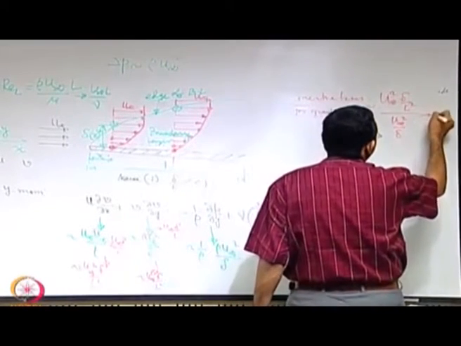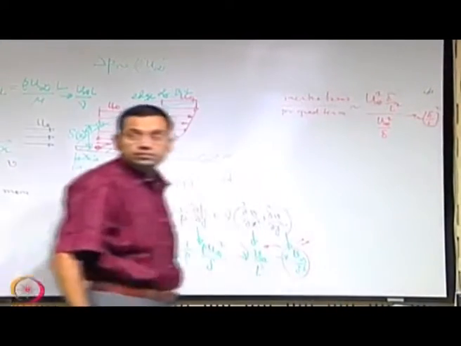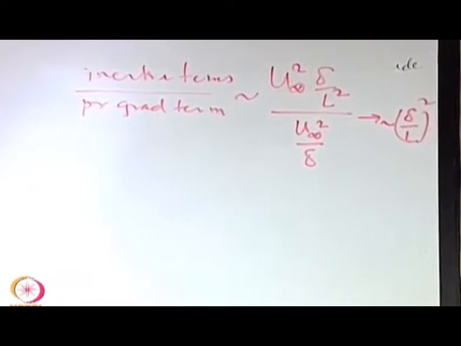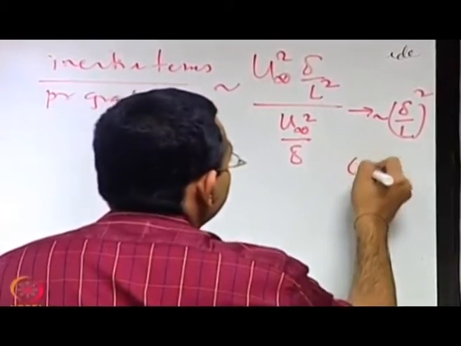So this becomes of the order of delta by L whole square. Therefore, if delta by L is much less than 1, so many simplifications are possible just by this consideration. This becomes one of the key considerations, and it means this is a negligible term.